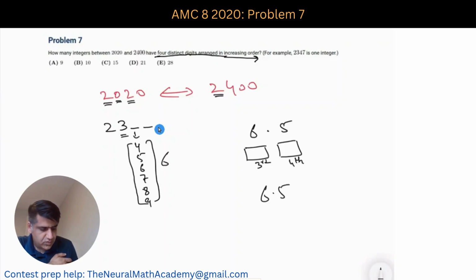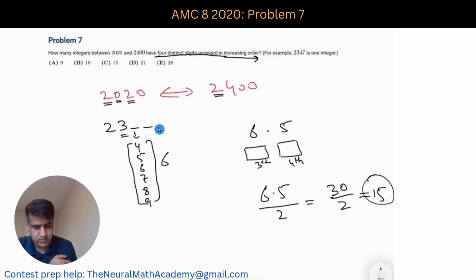And we also need to ensure that the digits are in the increasing order, so that's why we will then divide it by 2, and then the answer that we will get will be 15 for this problem. So the C is the answer for this question.